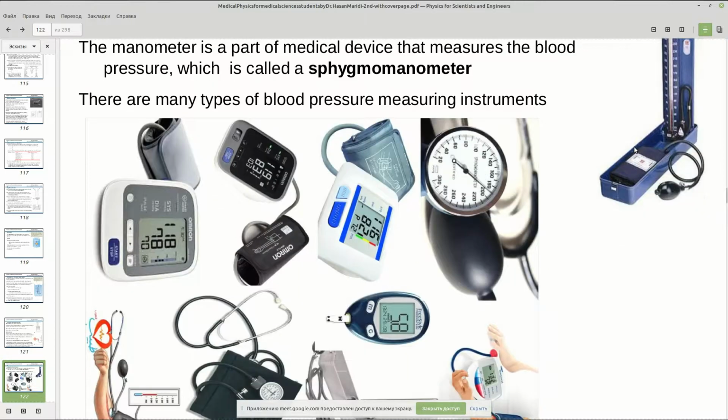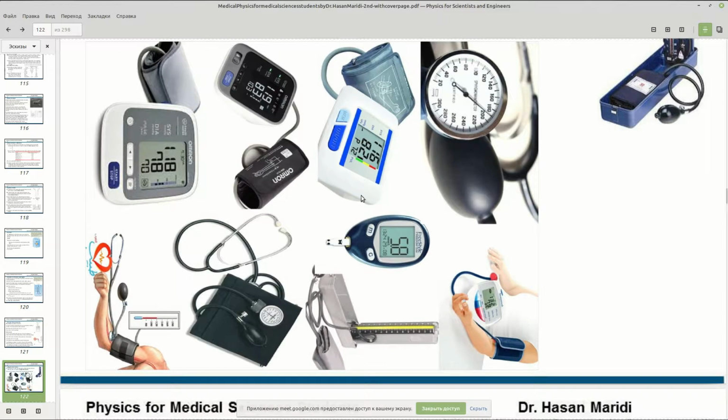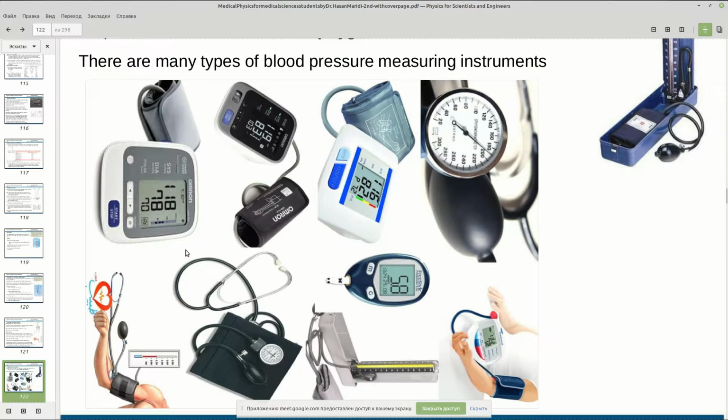It's something like an ancient, antique manometer, and there are different types of new manometers here, and some of them are very modern.